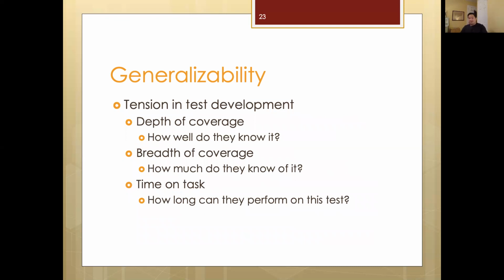You want it to be accessible, but you have to balance depth, how in-depth or detailed you are getting, breadth of a concept, how broad you are getting, how big your construct space is, and time, how long this is going to take. If you have unlimited time, you can make a measure that generalizes probably everywhere. But we don't have unlimited time for people to take tests, so you have to balance these things out.